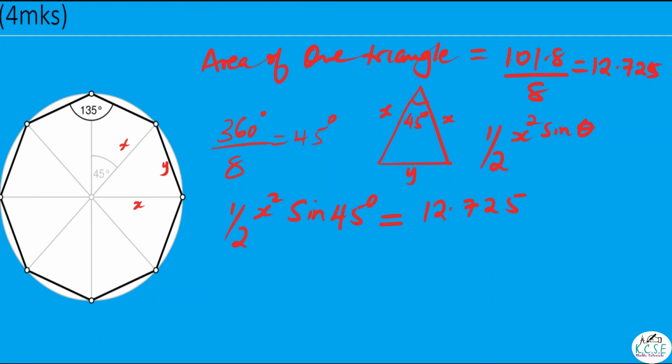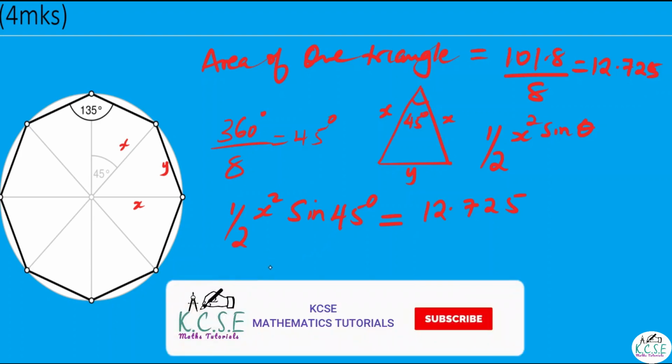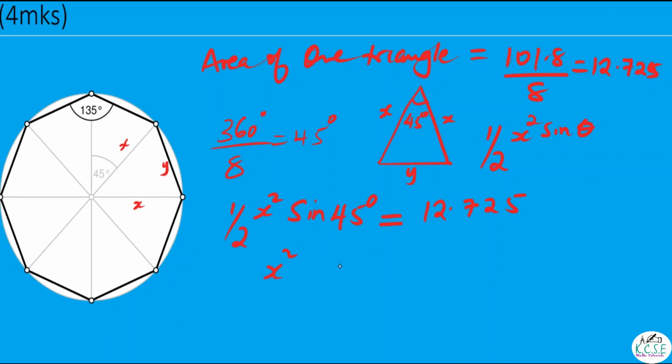You work it out using the calculator. I will skip this step since you're going to use the calculator most of the time. So x squared: you multiply both sides by 2, you get 2 times 12.725.